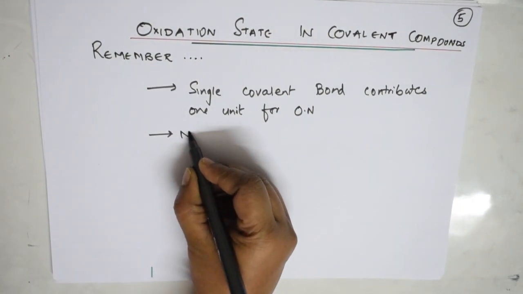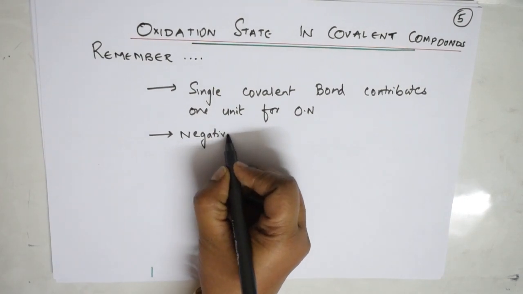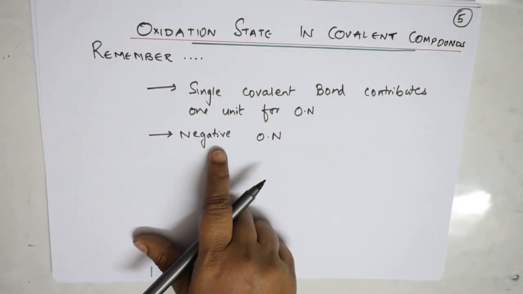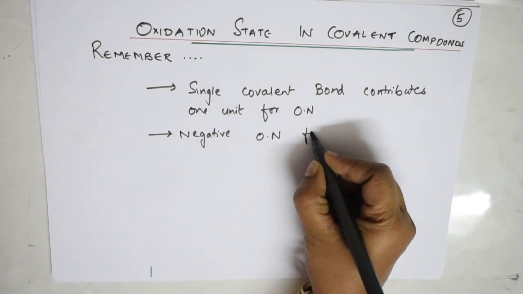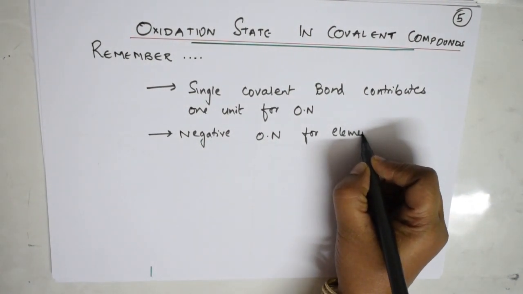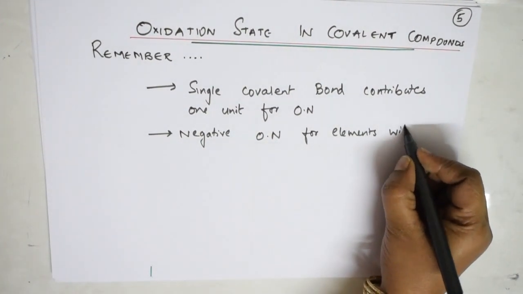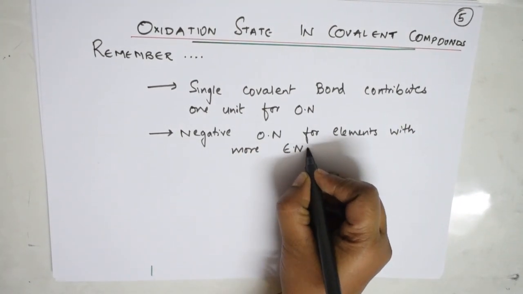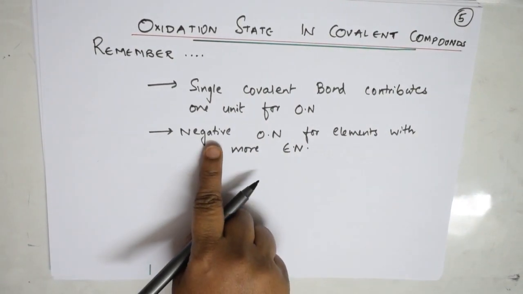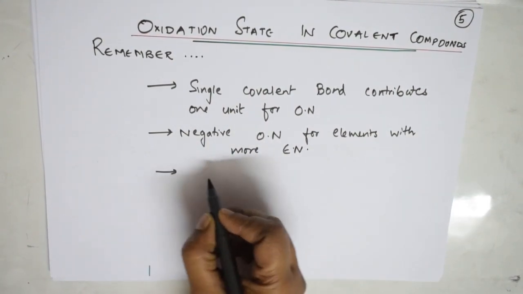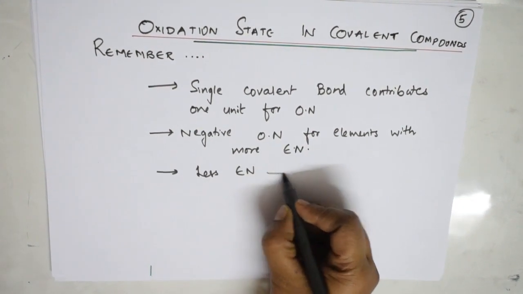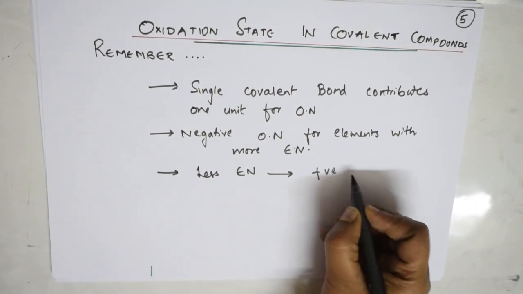Suppose you have a negative oxidation number, what does negative oxidation number mean? You will have a negative oxidation number for elements with more electronegativity. In the same way, if the element has less electronegativity, then I'll give a positive oxidation number to that.